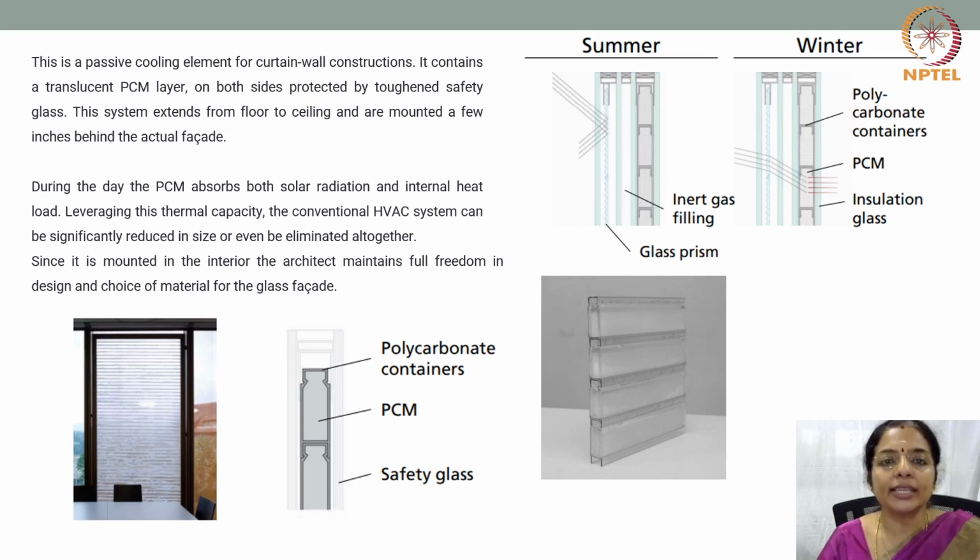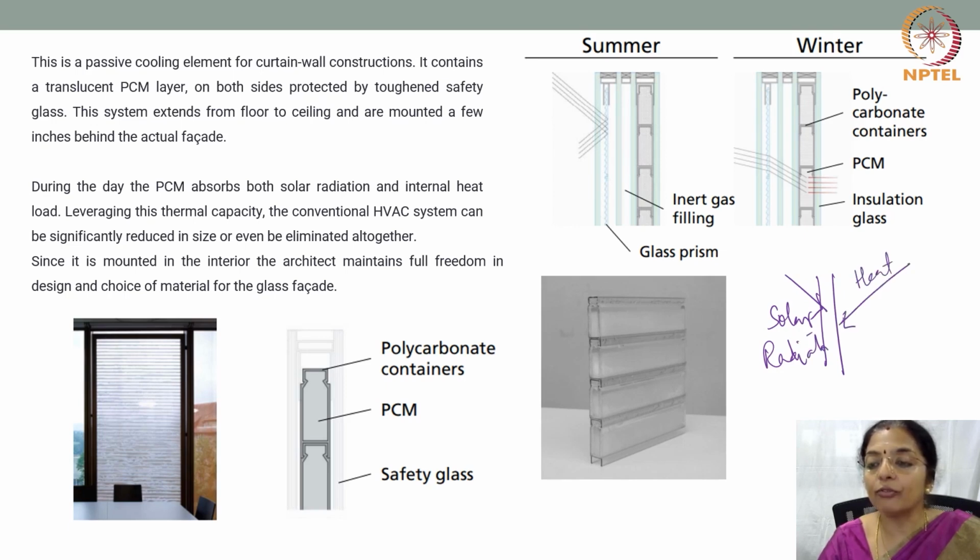During the day, the PCM absorbs both solar radiation and internal heat load. So it absorbs solar radiation as well as the heat generated from inside because of human activities, human beings, as well as apparatus like computers and things like that.